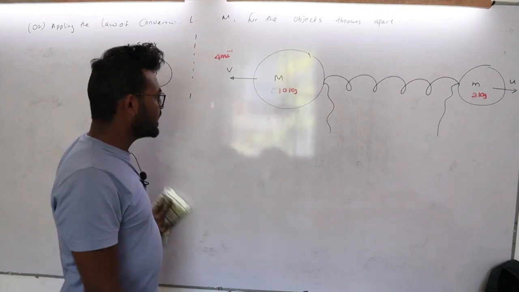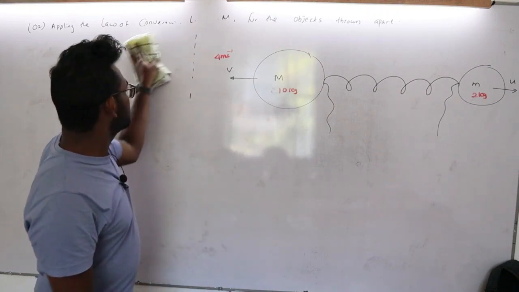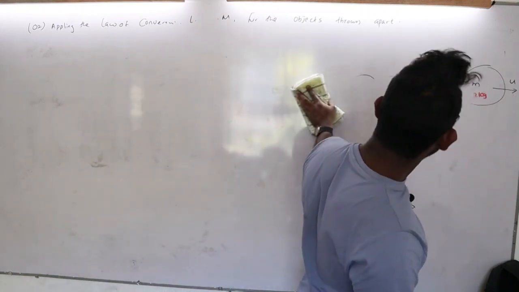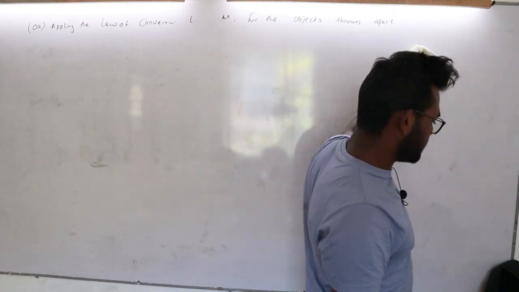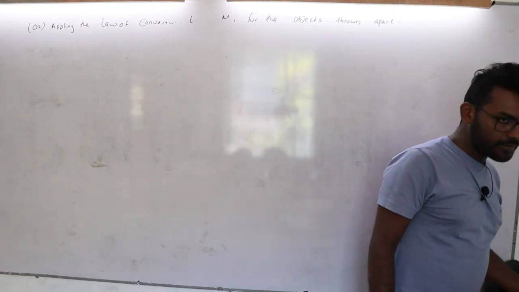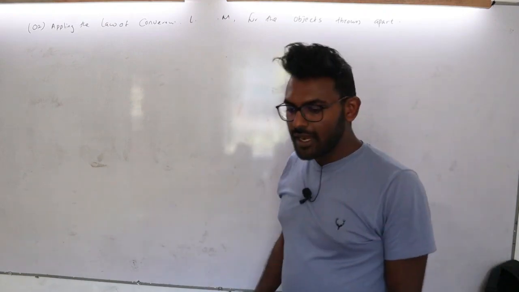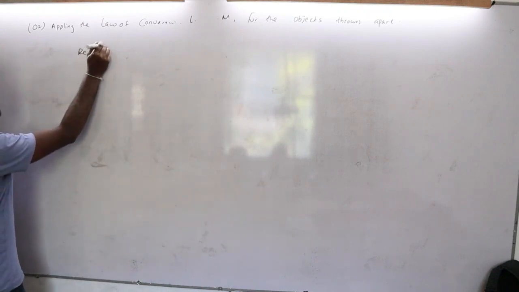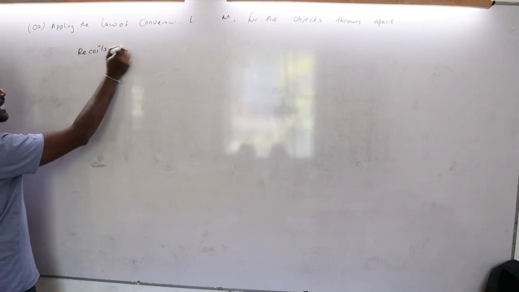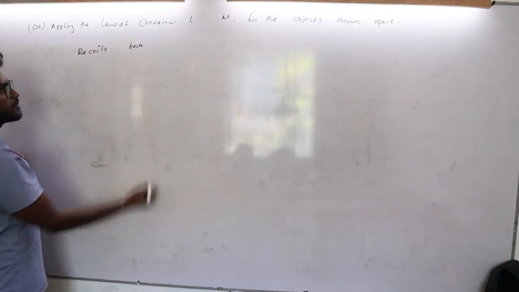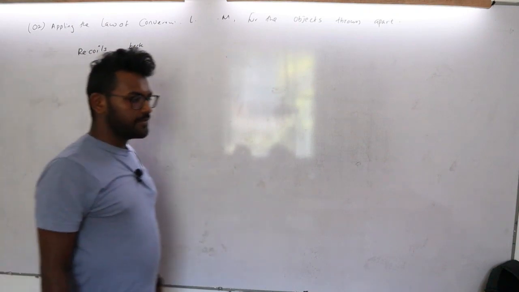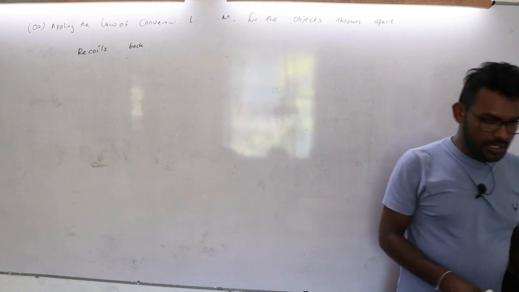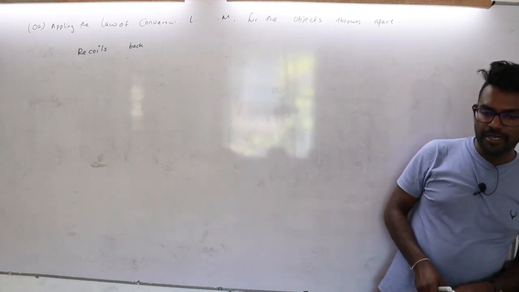When shooting by a gun, the gun recoils back, following the same law of conservation of linear momentum.